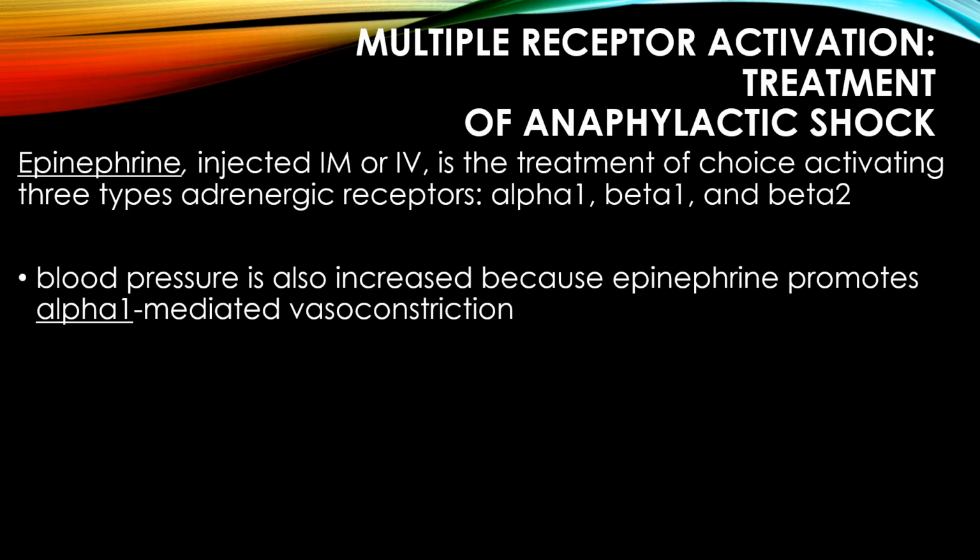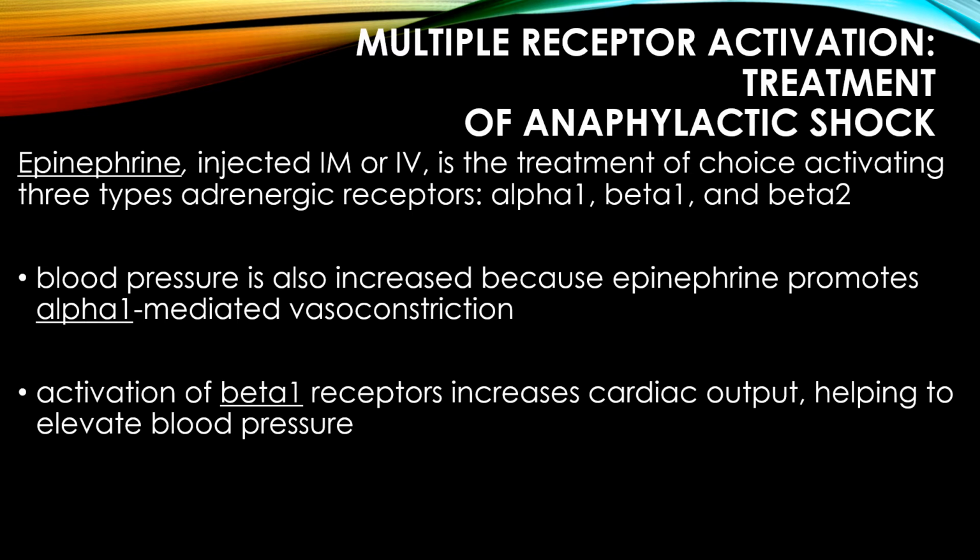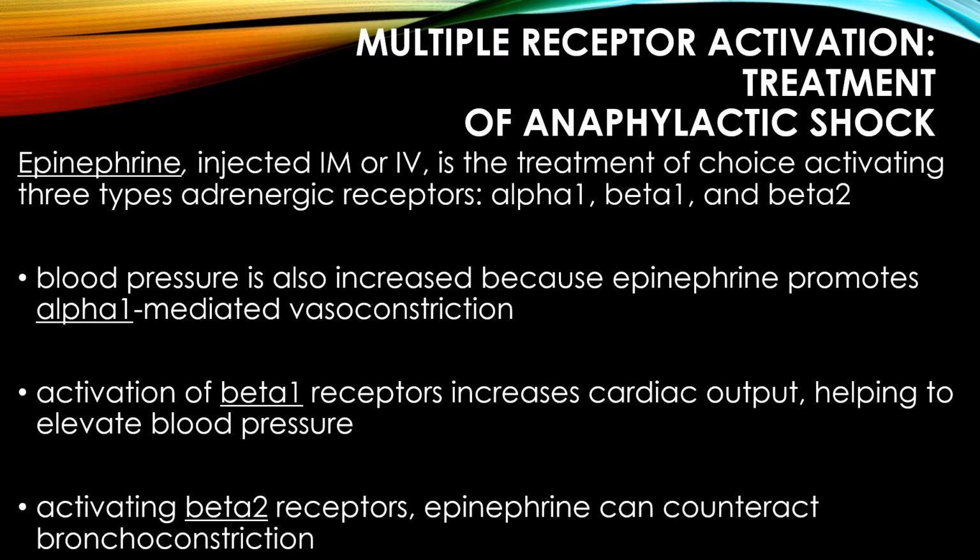For alpha-1, there will be mediated vasoconstriction because epinephrine increases the blood pressure. Activating the beta-1 receptors can increase the cardiac output, helping to elevate the blood pressure. And activating the beta-2 receptors can counteract the bronchoconstriction in anaphylactic shock.